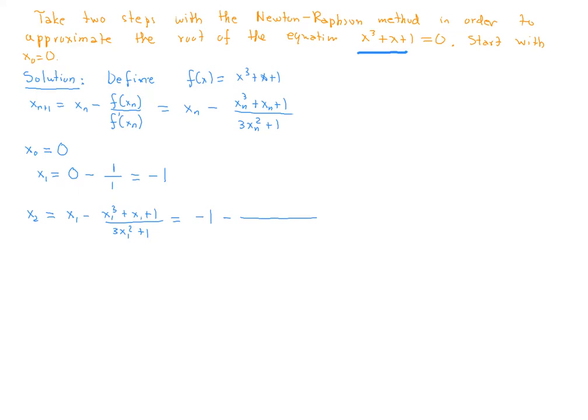On the top you have -1 cubed is -1. Another -1 will give you -2 plus 1, that's -1 on the top. And the bottom is 4. So it's pretty much -1 plus 1/4, which will be -3/4. So that's the guess that we have by taking just 2 steps.